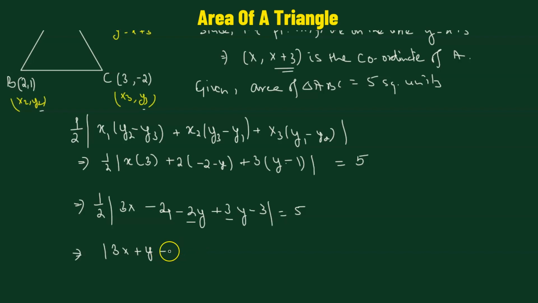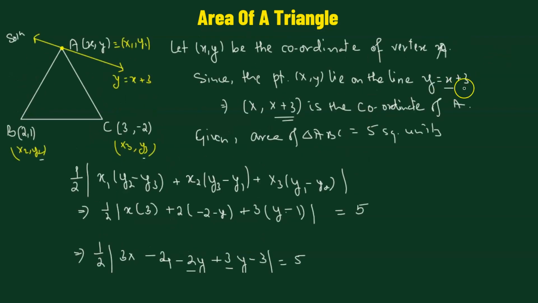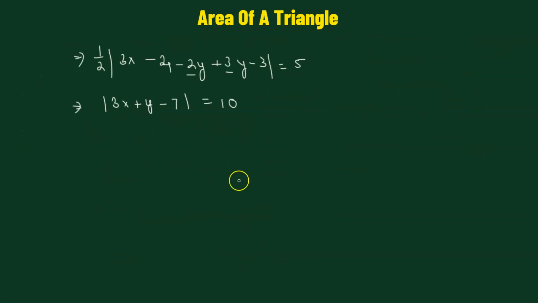Negative 4 minus 3 is negative 7, and this equals 2 times 5, that's 10. We replace the value of y with x plus 3, which is given to us. So we have the absolute value of 3x plus y, where y is simply x plus 3, minus 7, equals 10. Now we have 3x plus x, that's 4x, and 3 minus 7 is negative 4. So the absolute value of 4x minus 4 equals 10.